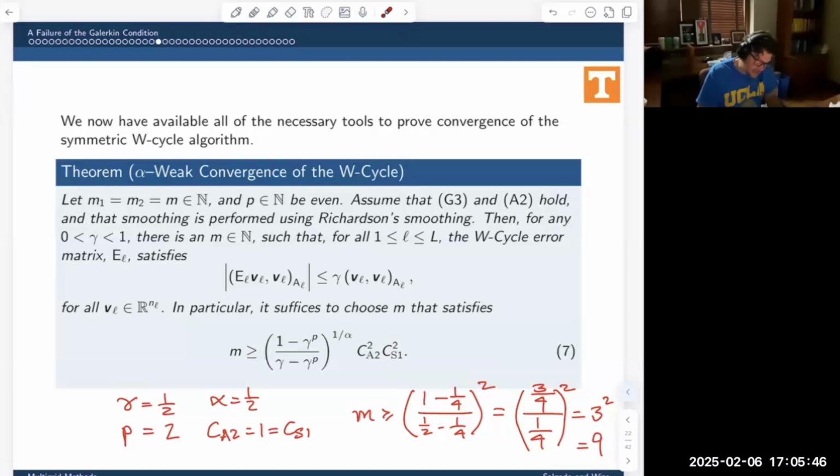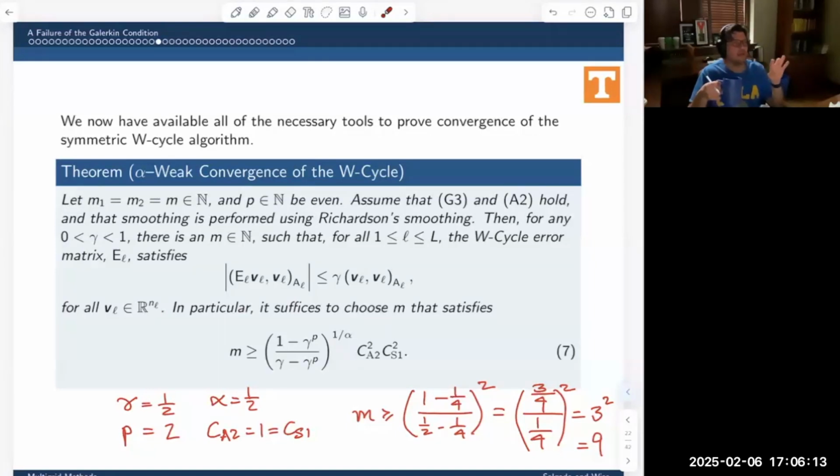But if this is just equal to 2 and this is equal to 2, then the square is equal to 4 times 4, that's 16. So already that's 16 times larger. That's a lot of smoothing iterations to do. And remember, we said smoothing iterations actually cost real dollars. They have a computational cost associated to them, which turns out to be potentially rather expensive.